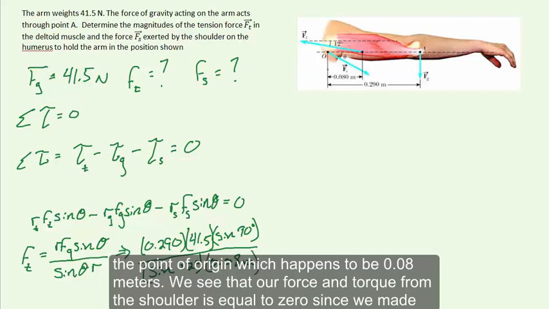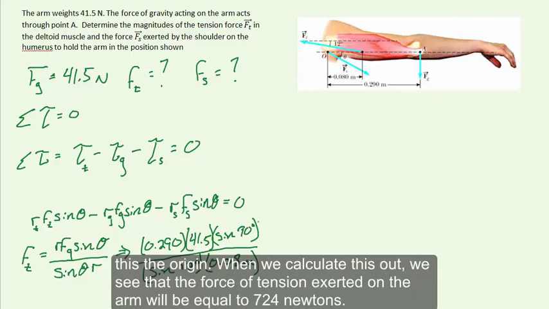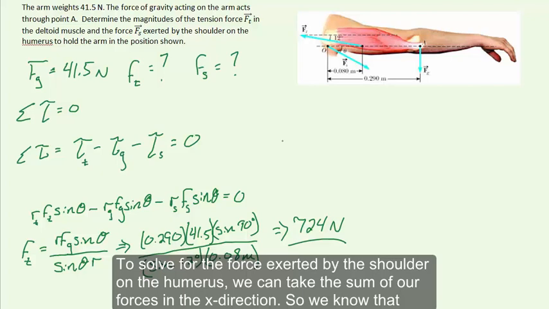We see that our force and torque from the shoulder is equal to 0 since we made this the origin. And when we calculate this out, we see that the force of tension exerted on the arm will be equal to 724 newtons.